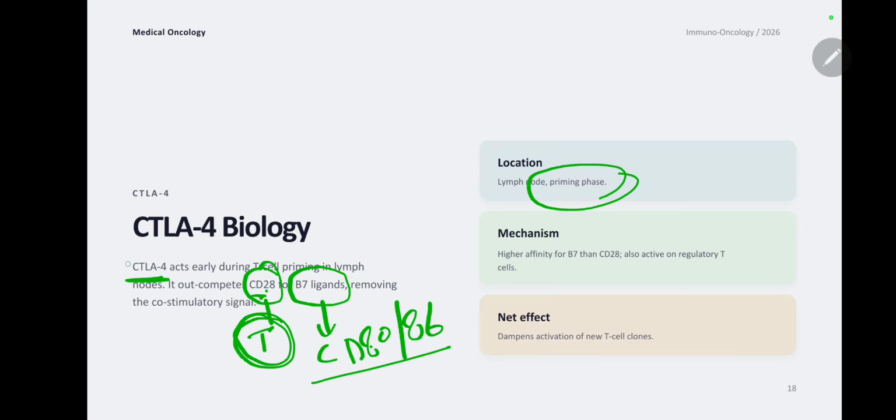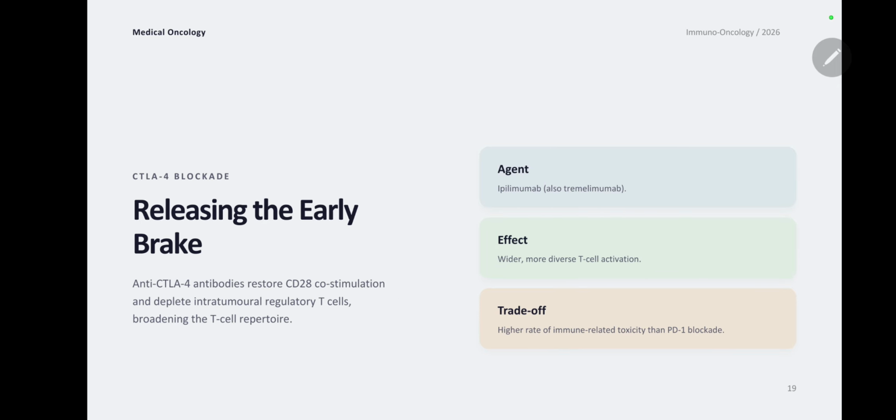So we use a CTLA4 inhibitor. When we use the anti-CTLA4 antibody, it masks CTLA4.